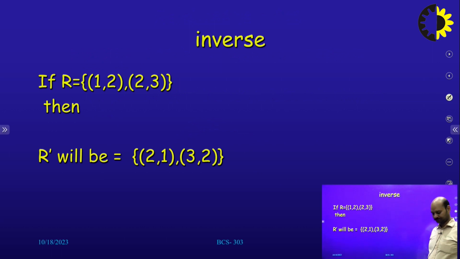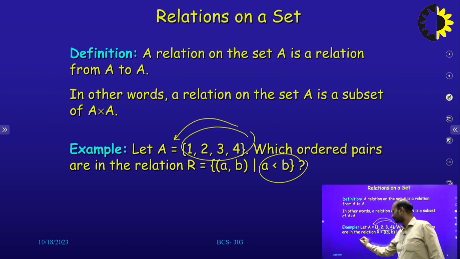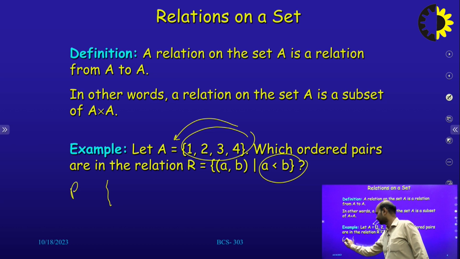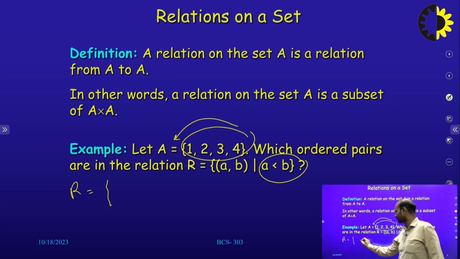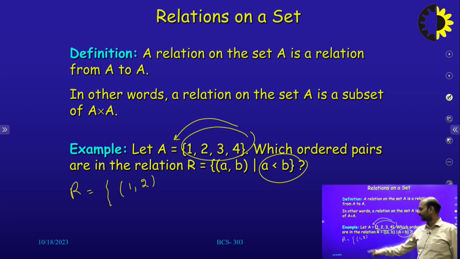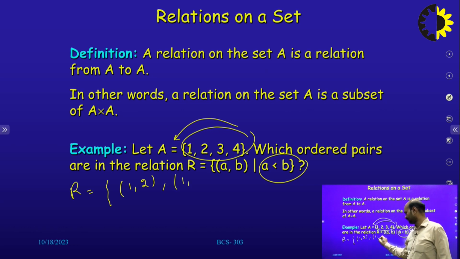The relation comes out as R equal to (1,2), since 1 is less than 2. So one ordered pair is where a is less than b, and the condition is satisfied by this ordered pair. Then 1 is also less than 3, and 1 is also less than 4.